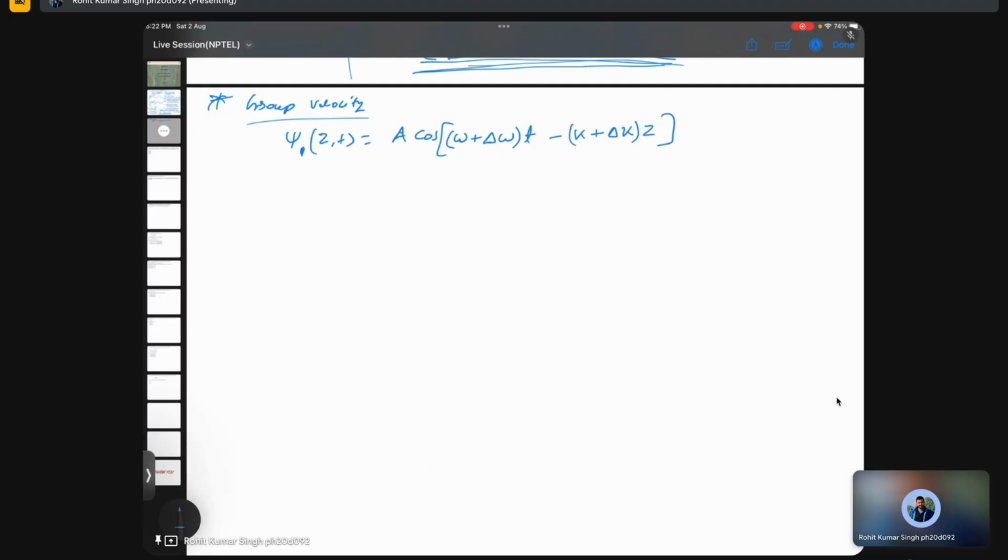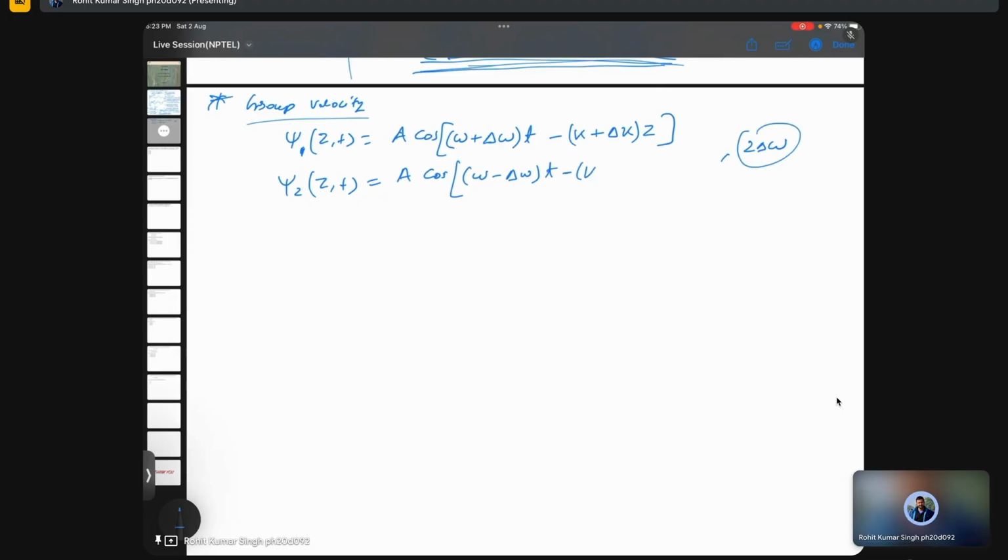So don't worry about this, I'm writing it so as to have two waves with a difference of frequency. And if the frequency is different, then the wave number will also be different. So that's why we have this. And the other wave will have an omega minus delta omega frequency. Okay, so now these two waves have a frequency difference of 2 delta omega, right?